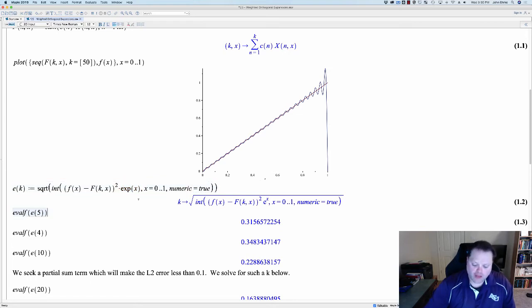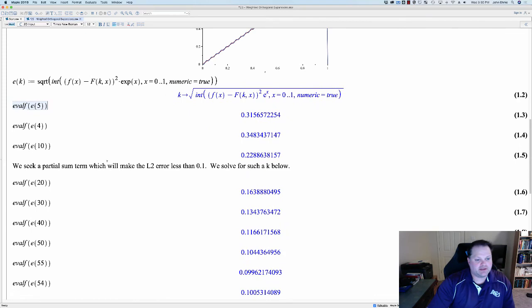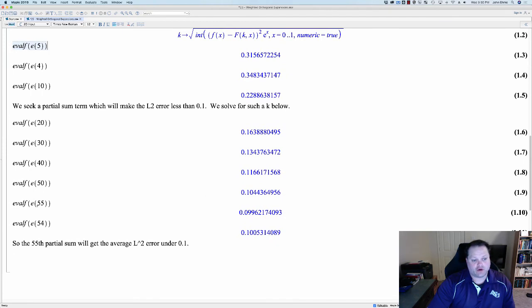And the problem asked to find how many terms of the sum you need to ensure that the error is less than 0.1. It actually gets a little bit tricky if you try to solve this function for k such that this function is equal to 0.1. So if you can do that, great, but it's okay to start listing out some values to figure out what the error is at larger and larger k.